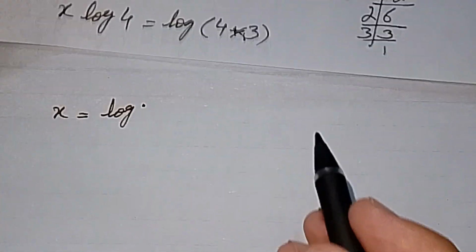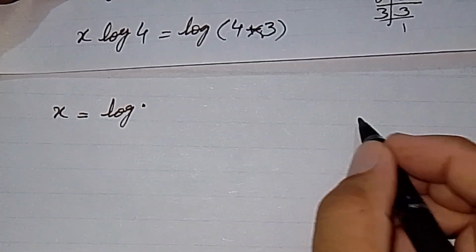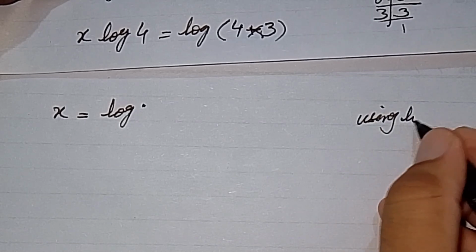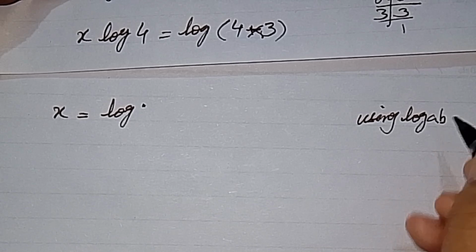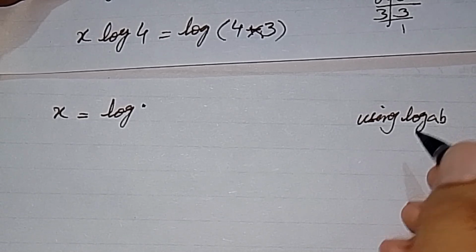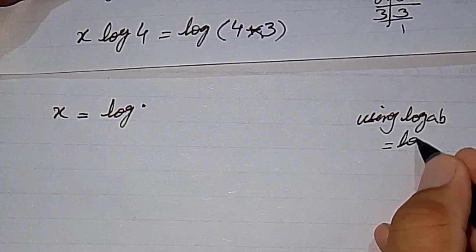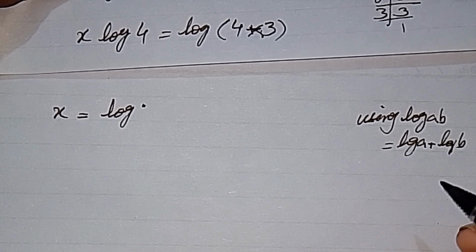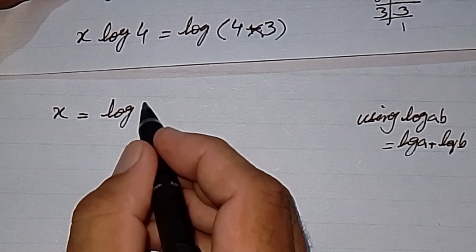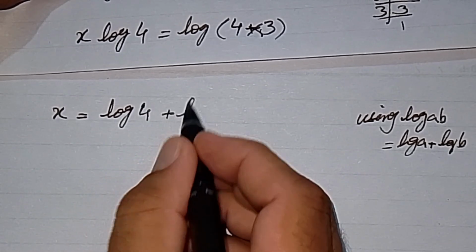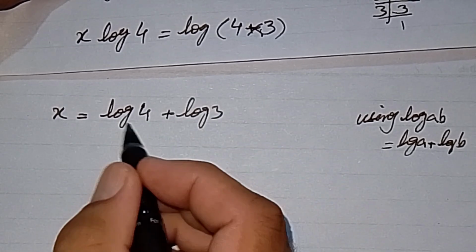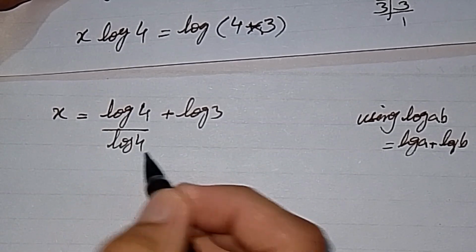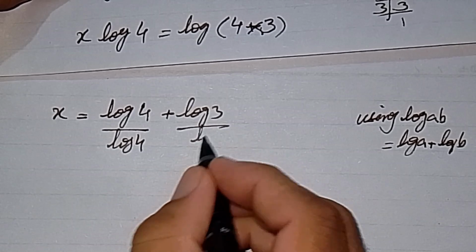We use here the formula log AB is equal to log A plus log B. Log 4 plus log 3 over this log 4 and this log 4.